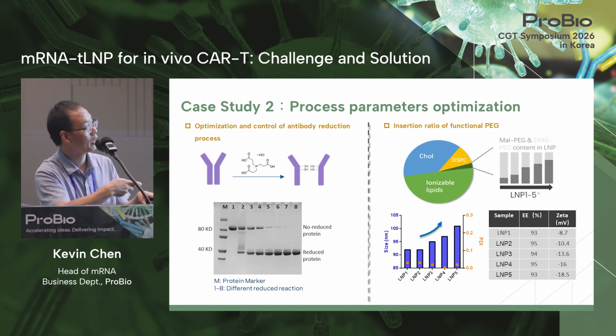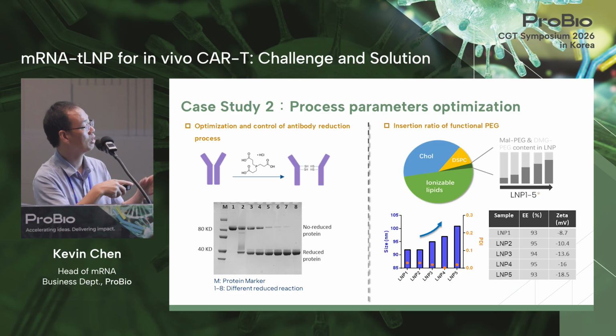And then, as I mentioned, we use the thiol group and the maleimide to do the conjugation. So usually we use TCEP to reduce the antibody, to open the disulfide bonds in the antibody.